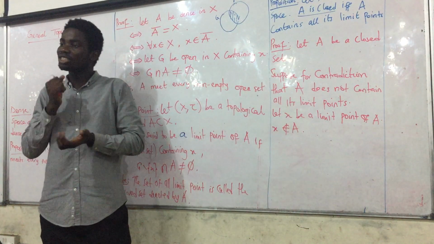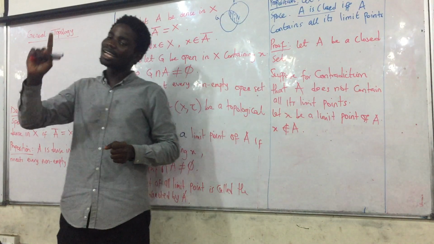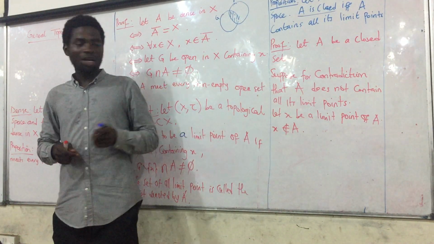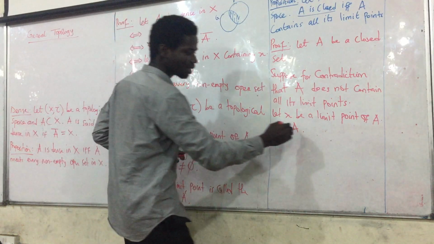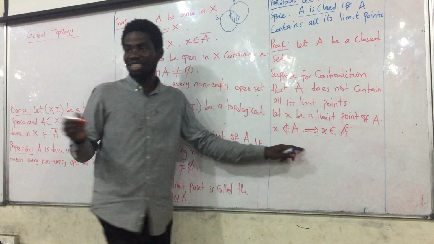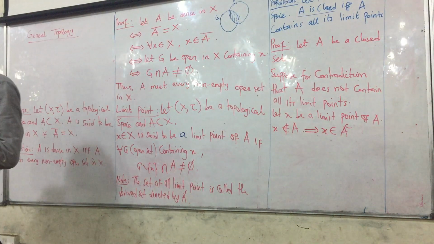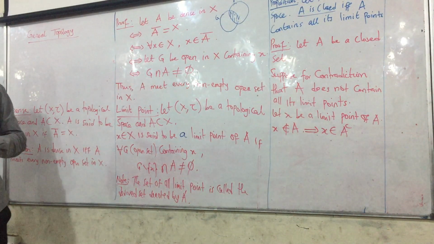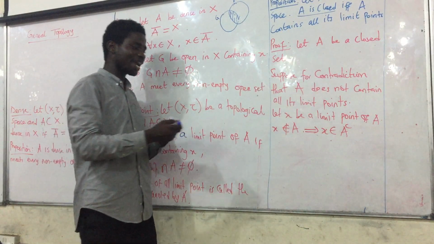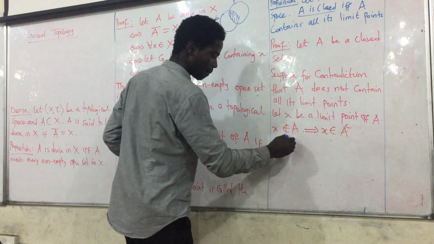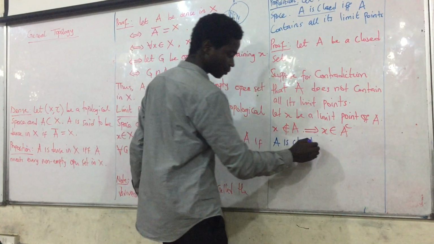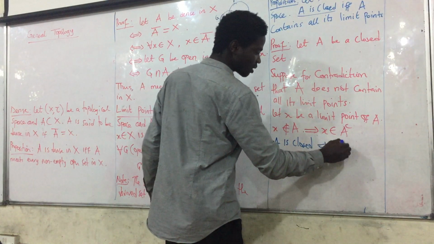Now, when it means it does not contain all its limit points, take a limit point that is not inside A. Do you get that? What does that mean? It means that S will belong to its complement. Since it's not in A, that should be in the complement. Isn't it? And A is closed. Don't forget, A is closed. So A is closed. What does that mean? The complement is what?